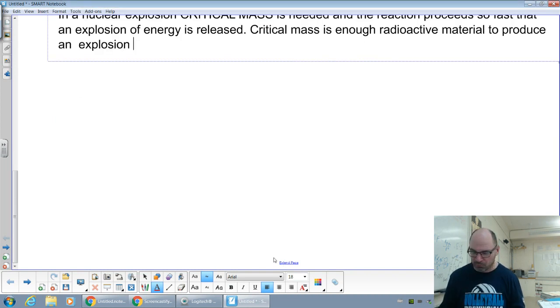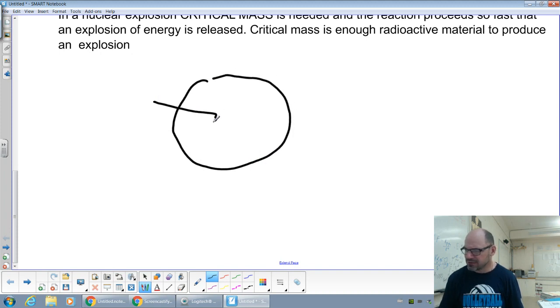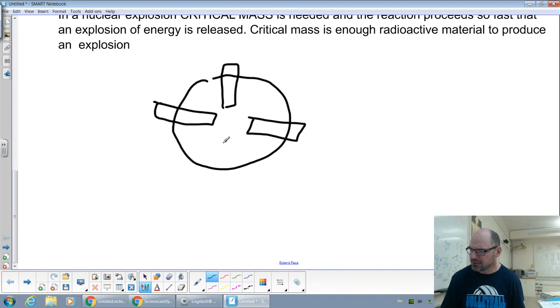The old bombs that went over Japan, they kind of had a reaction core like this, and then they had these 4 fins with nuclear material in them, like this. Okay, and then this would give them access to the nuclear core.